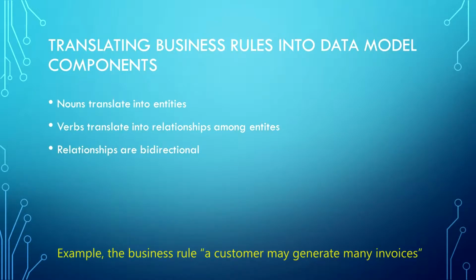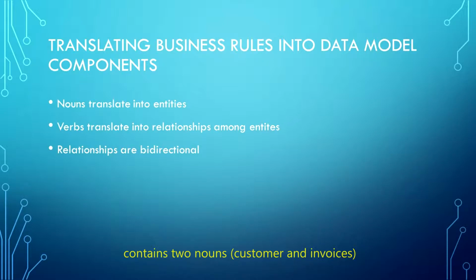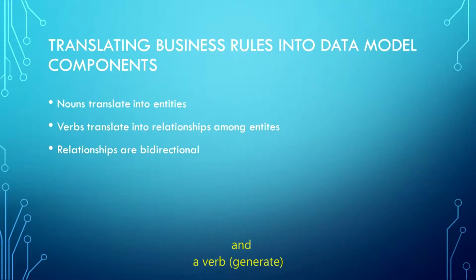For example, the business rule "a customer may generate many invoices" contains two nouns, customer and invoices, and a verb generate that associates the nouns. To properly identify the type of relationship, you should consider that relationships are bidirectional, that is, they go both ways.